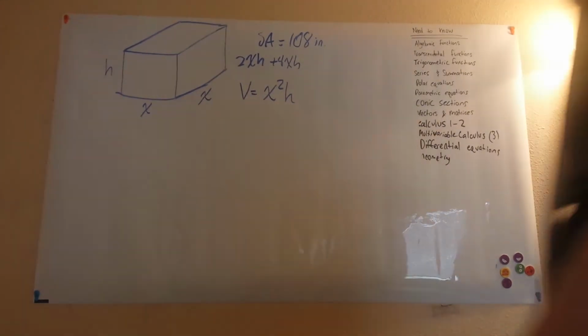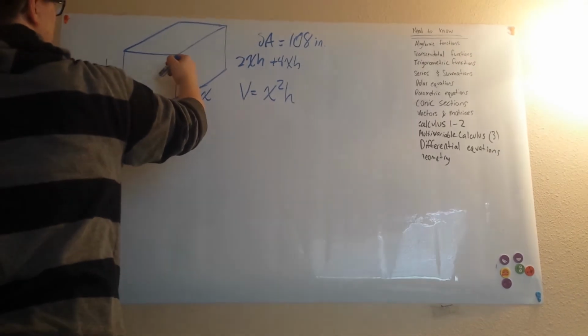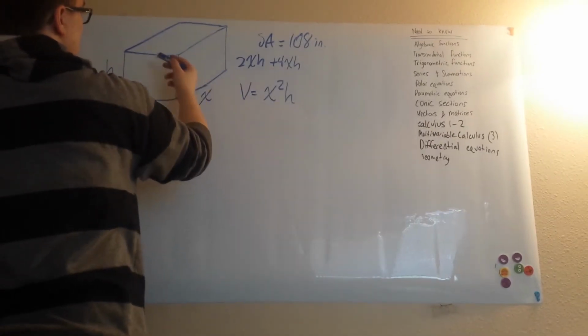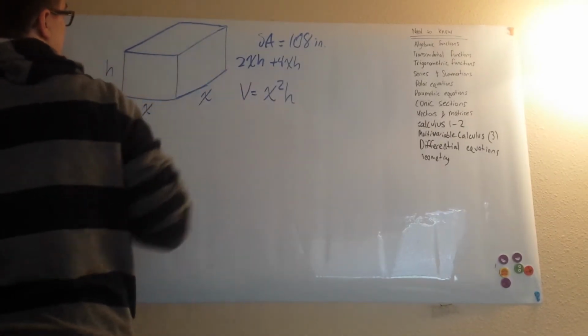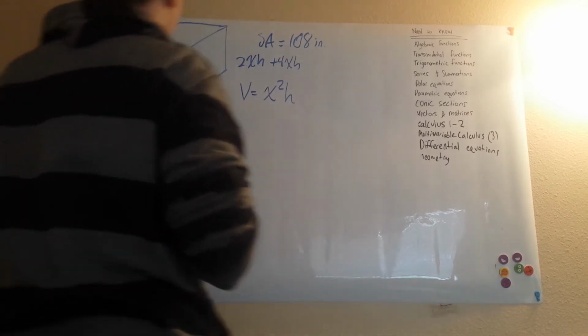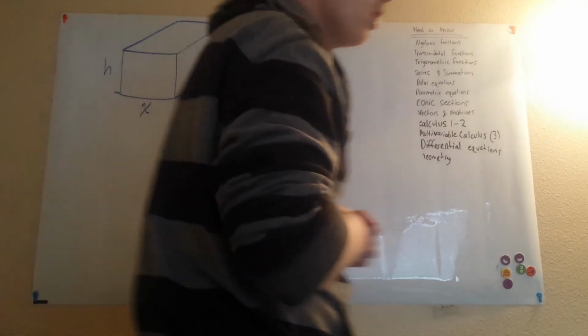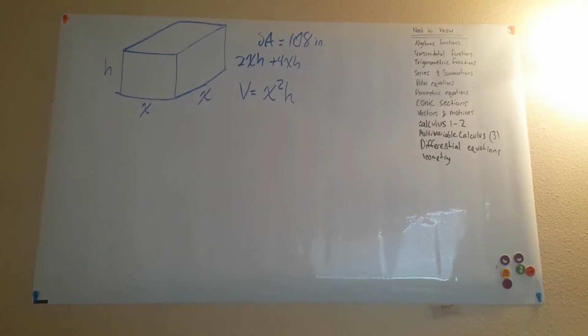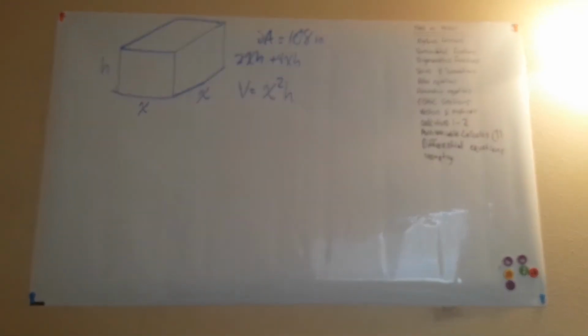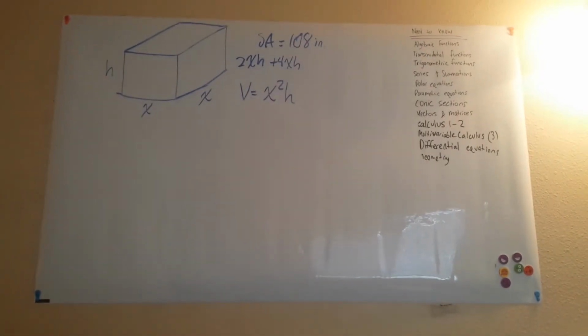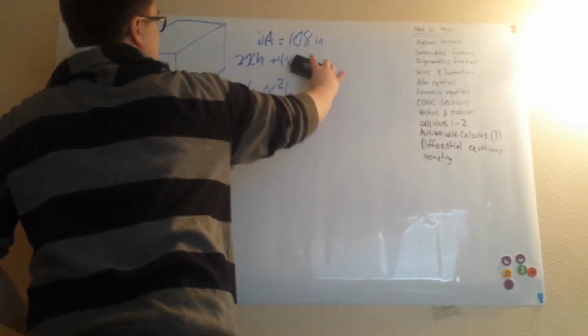So the area of this is h times x. The area of this is h times x, right? So it's a box. Yeah, so it's like 6hx?